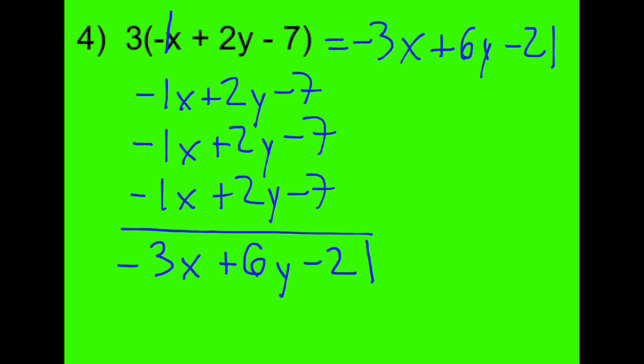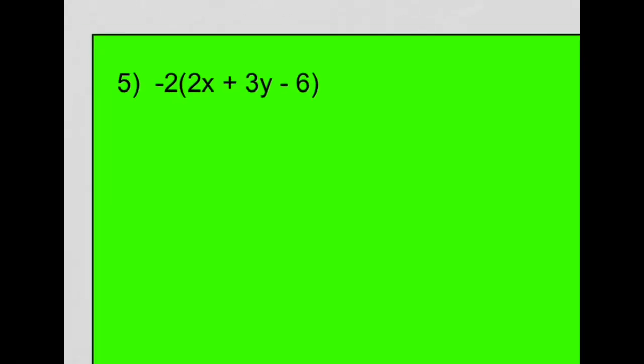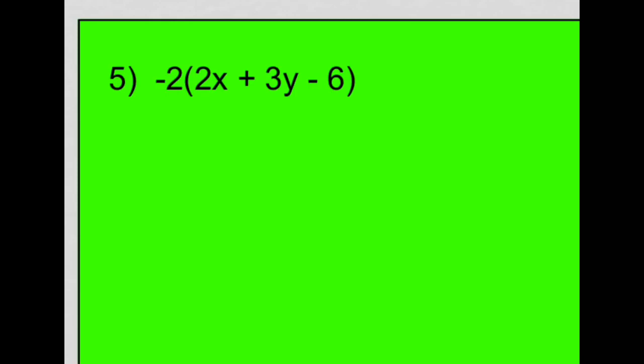One last question. Negative 2 groups of 2x plus 3y minus 6. And remember, in front of that negative 2, there's a negative sign, which means we're going to do the opposite sign of every term in the parentheses.